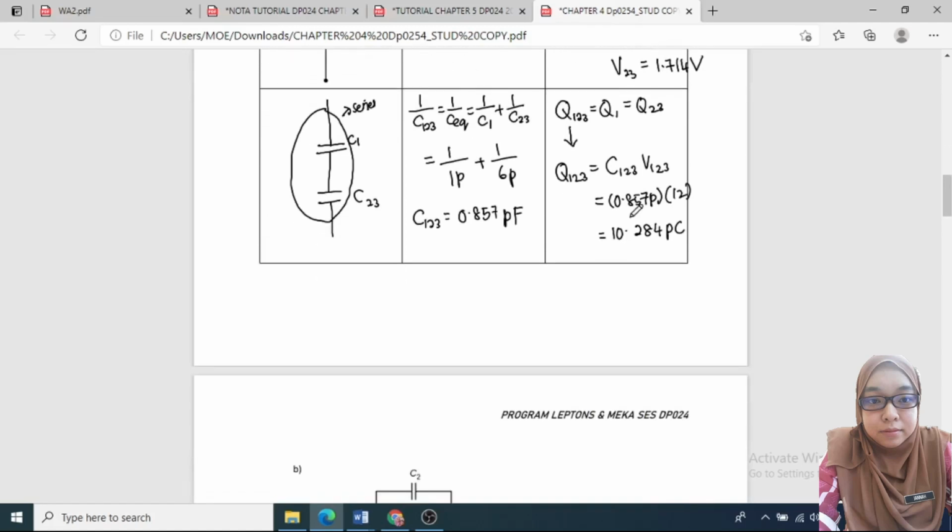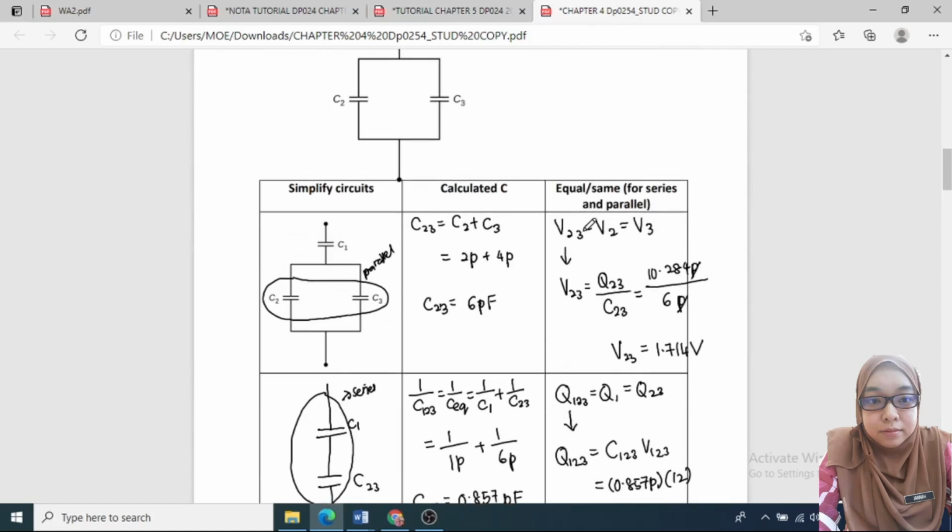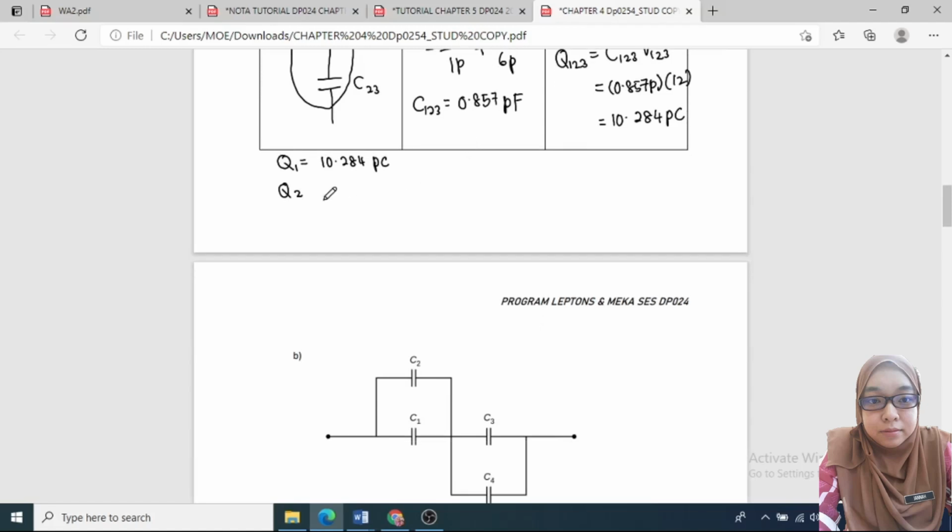Okay. So now we want to find the charge for each capacitor. So Q1 we already have. Q1 is the same as Q123, 10.284 pico coulomb. And then how to calculate Q2? Q2 we can get from V2 and V3. So Q2 equal to C2 V2. So C2 is equal to 2 pico multiply V2 is 1.714, equal to 3.428 pico coulomb.